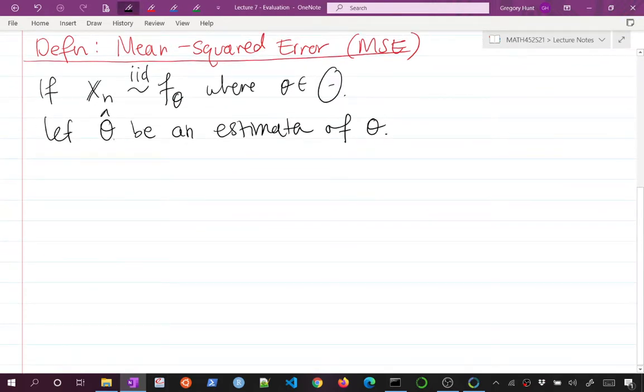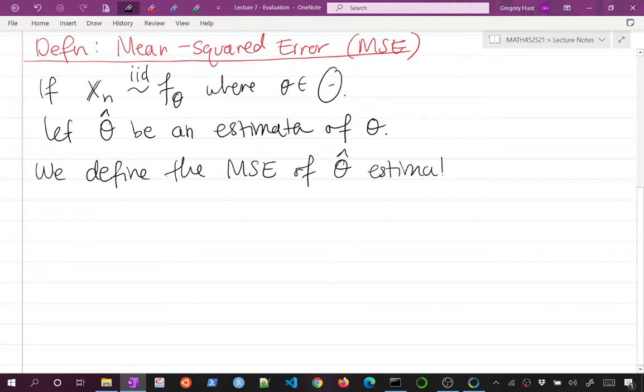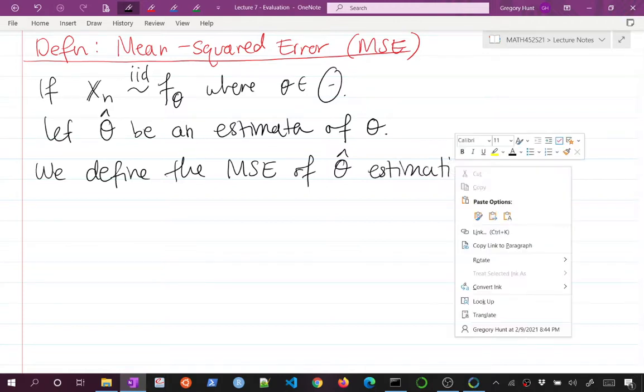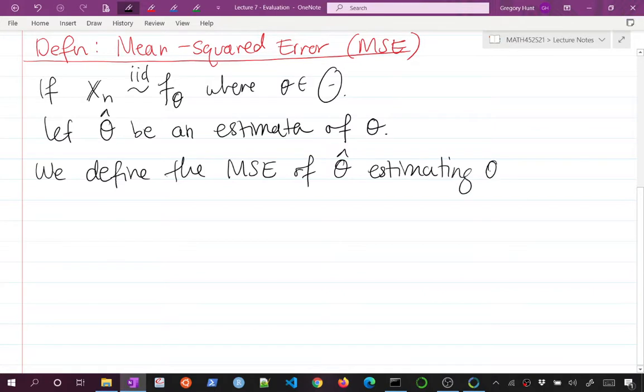But given that we have this estimator theta hat, we define the mean squared error of theta hat estimating theta as MSE of theta hat. And we're going to put a little theta down here just to remind ourselves that this MSE depends on what the true parameter is.